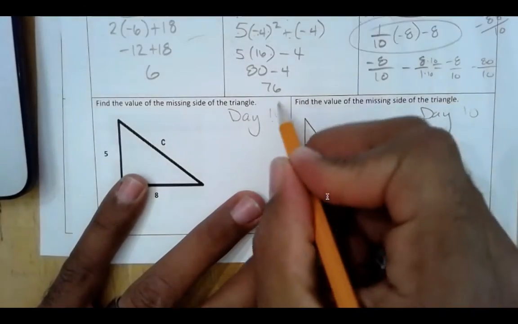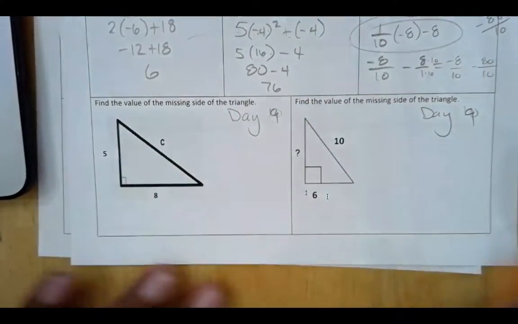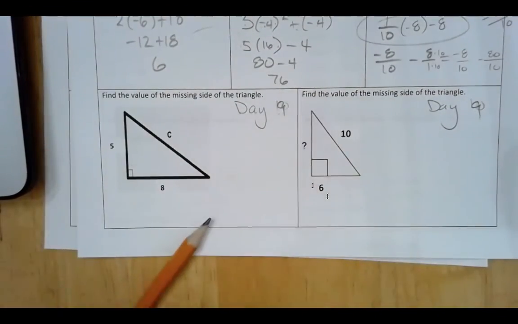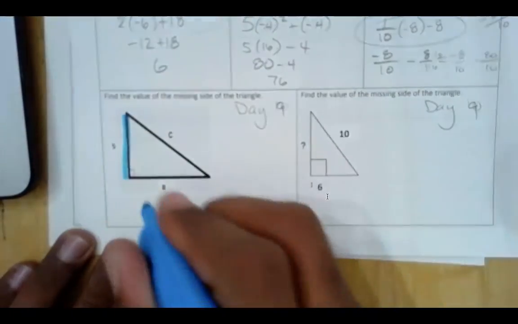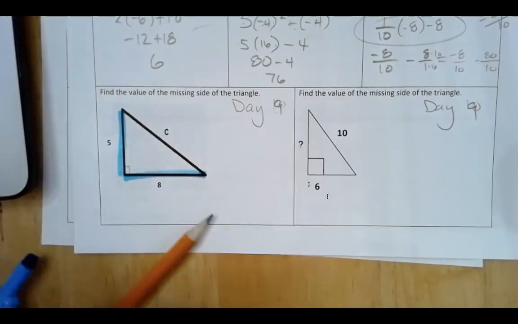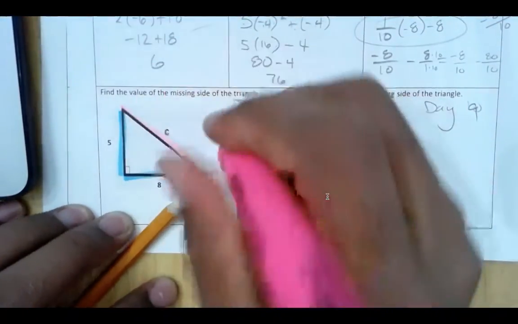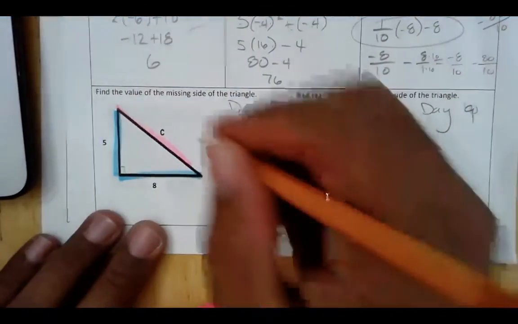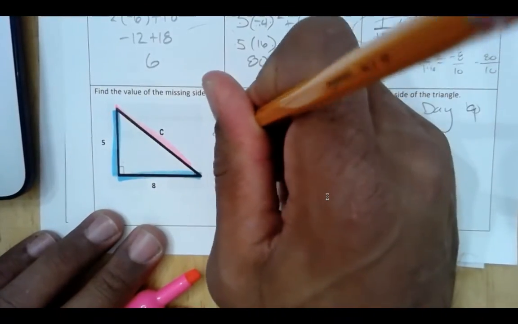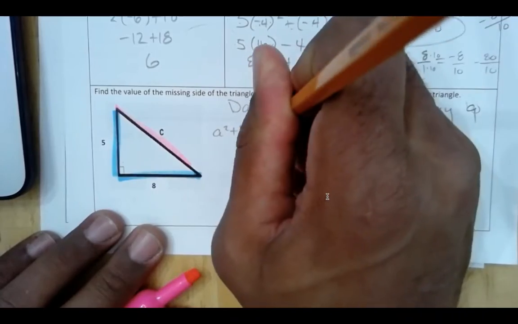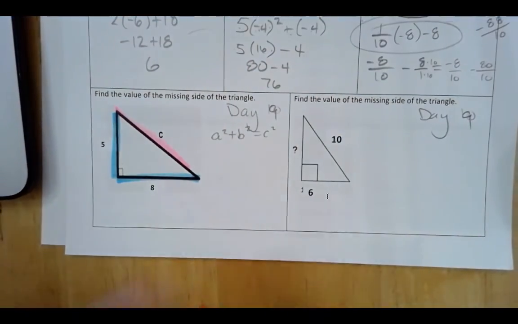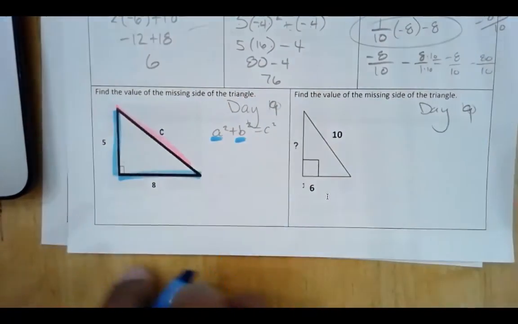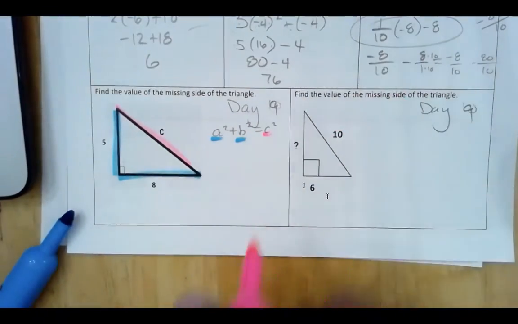Day 10 was multiplication. Okay, so here, remember that these are our legs, the side that's right next to 90, and then this is our hypotenuse. Okay, so now, remember, it's going to be a squared plus b squared equals c squared. And our legs are the a and b, and our hypotenuse is the c.